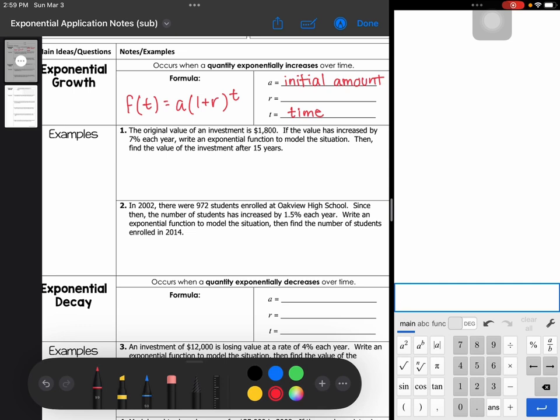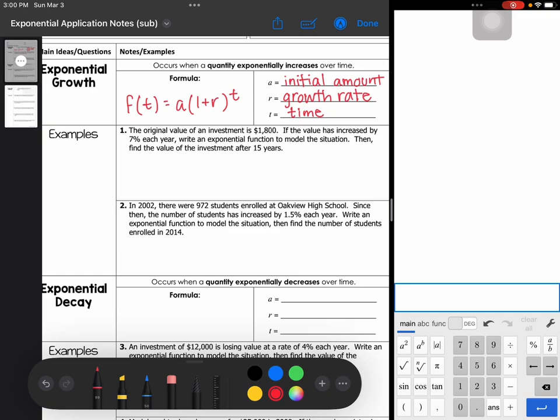What's the initial number of people infected, the initial amount of people that live in a city, the starting amount of an investment, that's the initial amount. And then r is our growth rate. So basically how much this investment or number of people is growing over time.